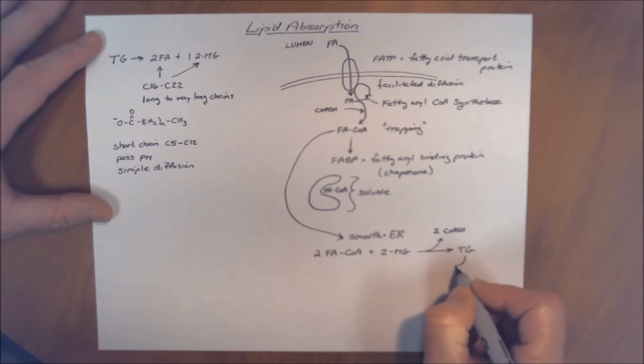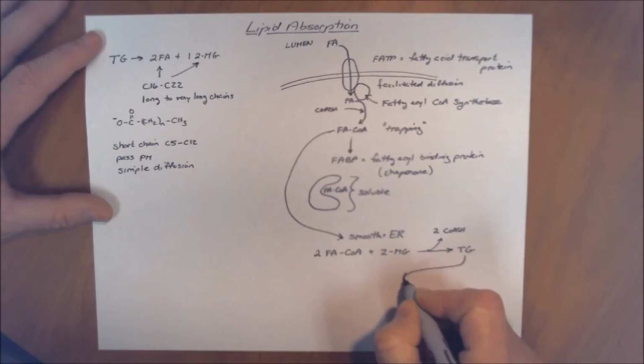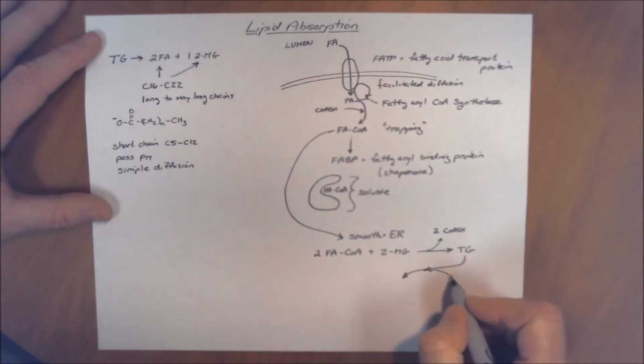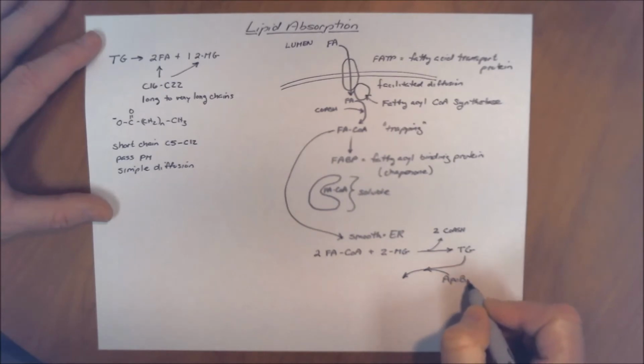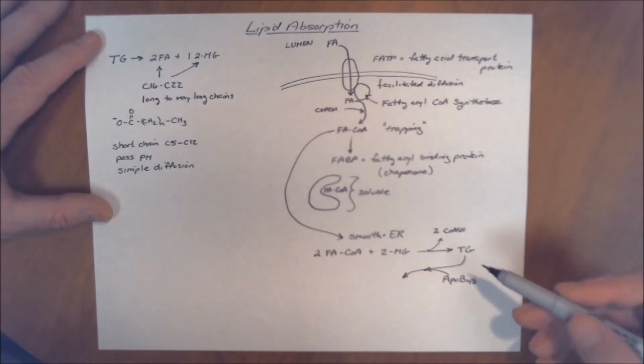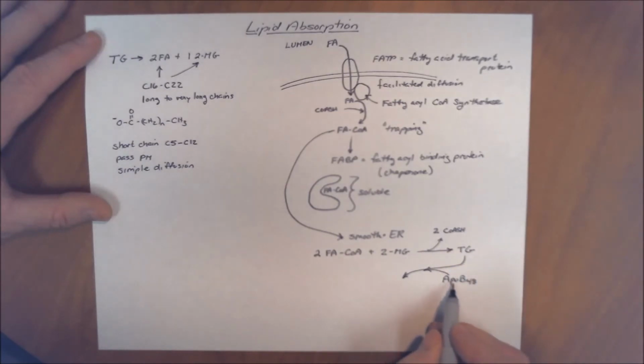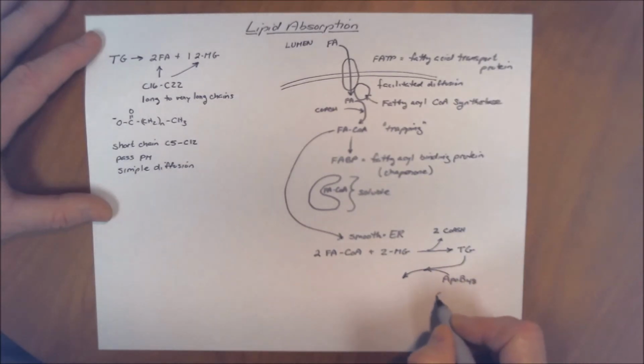Again, also in the smooth endoplasmic reticulum, the triglyceride will be combined with a protein being made by the enterocytes of the intestine. That protein is called ApoB48.